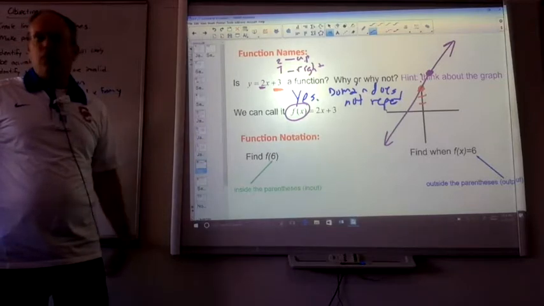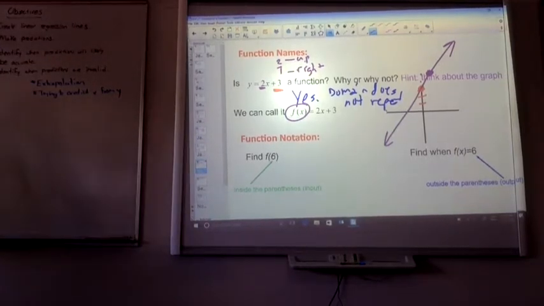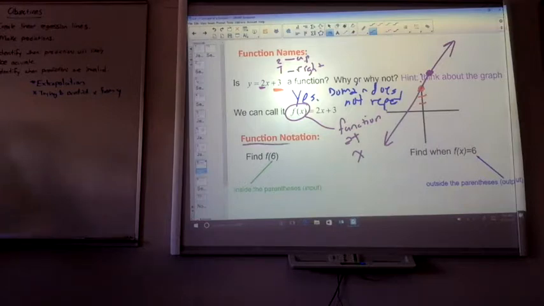It's the exact same problem. Okay? So, how you want to call this is the function at x. It's called functional notation. Okay? So the function at x is how you say it. The function at x equals 2x plus 3.